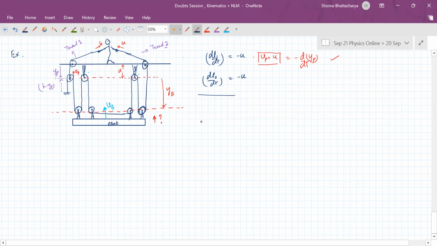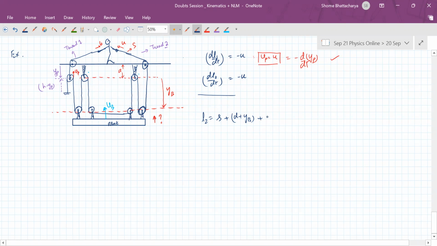Yes, sir. Okay, now see what is the total thread length for the second one. If the length on this side is s, then that s, plus this arm, which is D plus YB, plus this, plus this, plus this, plus this. So there are total of 1, 2, 3, 4, 5, 6, 7 sides. One side is like this, then in between there are 5 sides like this, which are just YB.